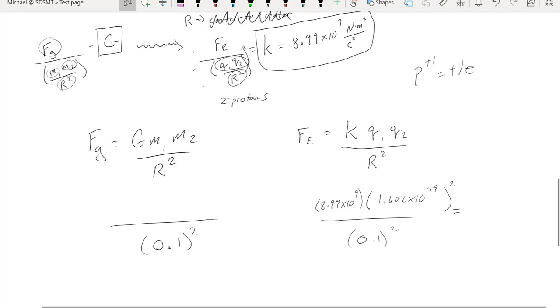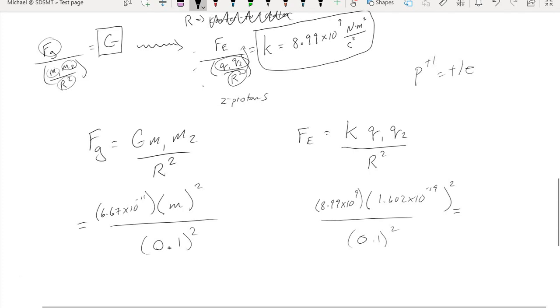Now we can go ahead and crunch those numbers, but we still need to finish off the gravity equation. I neglected to write out the value of big G, but I'll put that in here now. The value of big G was 6.67 times 10 to the negative 11. And then since we have two protons, they're both of the same mass, we can just write that as m squared.